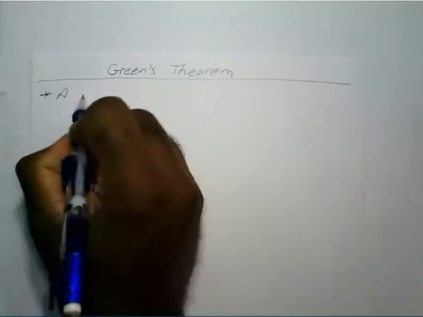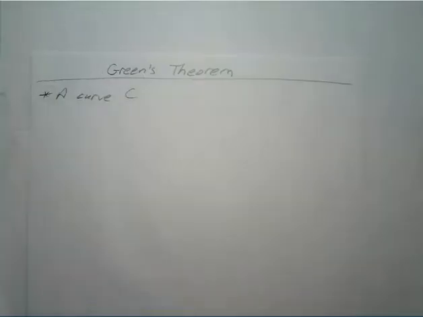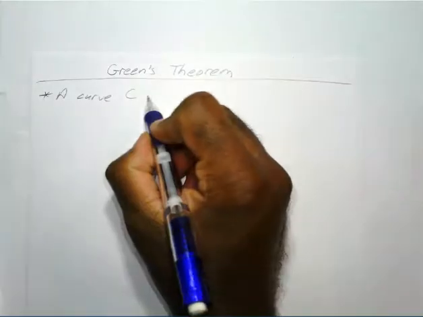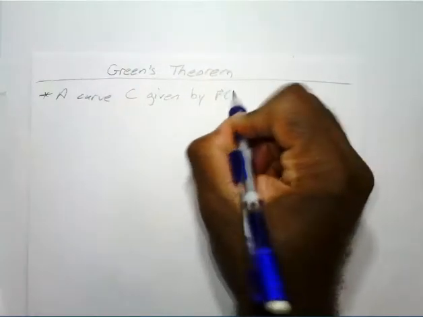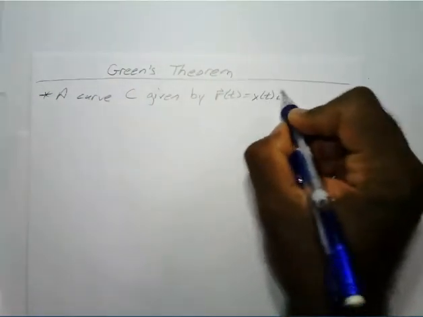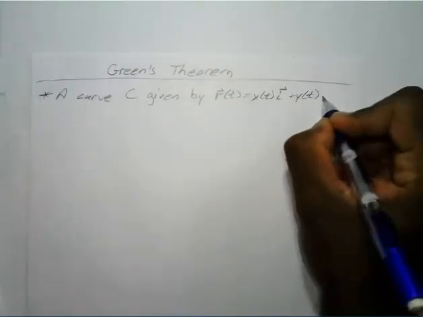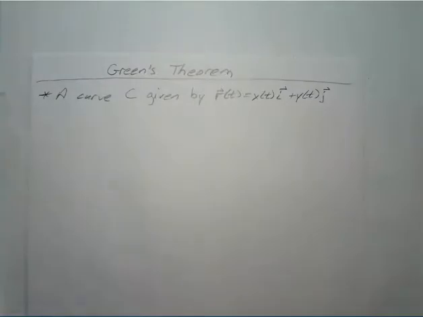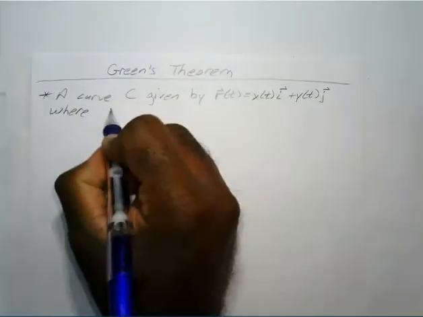Okay, so let's say you have a curve that we will call C, given by the vector valued function r of t equals some function of t times the i unit vector plus some function of t times the j unit vector, where t is between a and b.